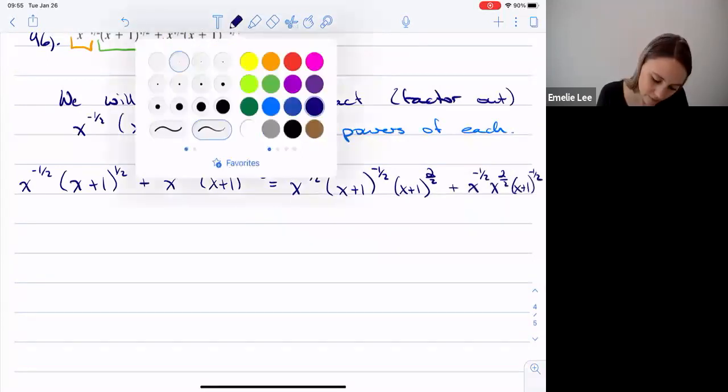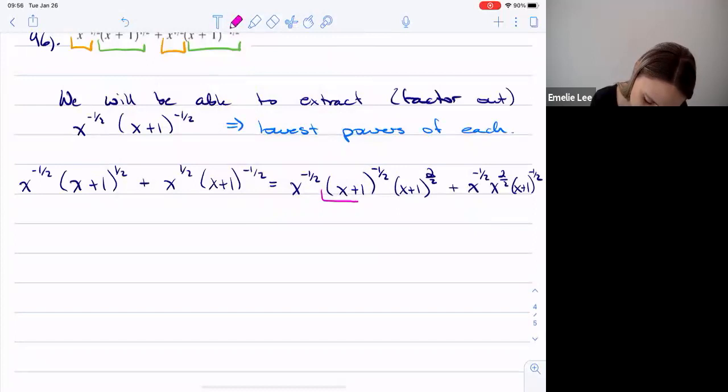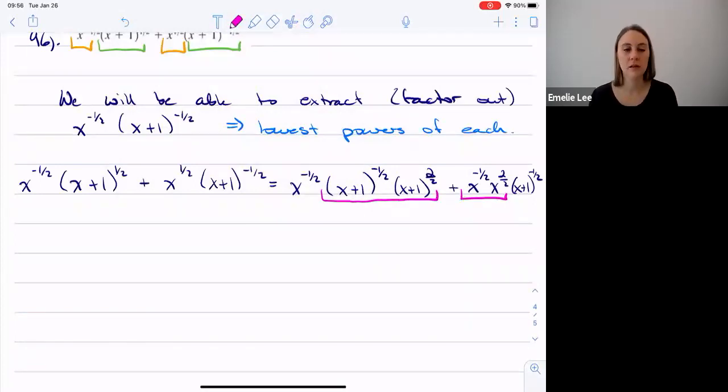Okay. So just be careful, right, when you rewrite these out. And you can always just check, okay, if I've got the same base, then I should be able to add my exponents, right?